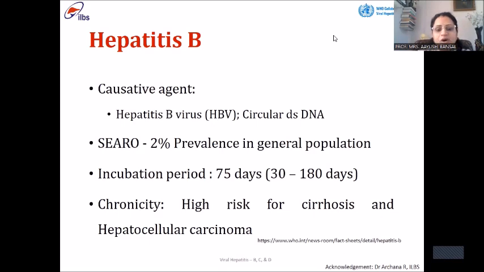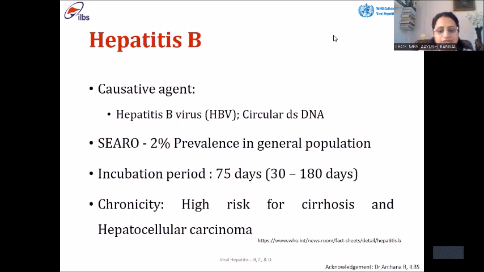It is a very common hepatitis seen in people. According to the South-East Asia Region Office, there is a 2% prevalence in the general population. The incubation period is 75 days on average, that is 30 to 180 days.